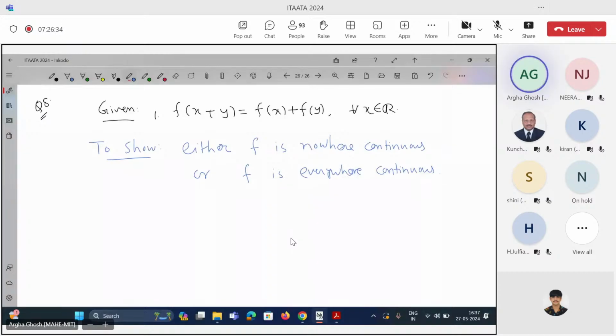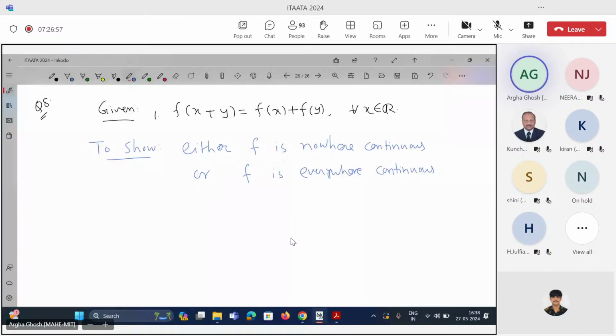Okay, let's assume that f is continuous at 0. Actually, it's not mandatory that you assume that f is continuous at 0. Let's say it's continuous at a point. So you can only say that there is a point C where it is continuous.